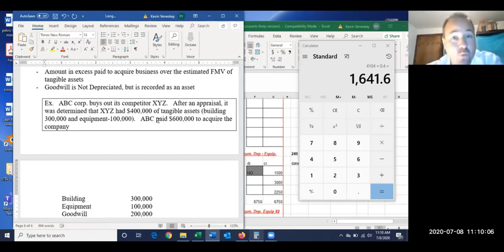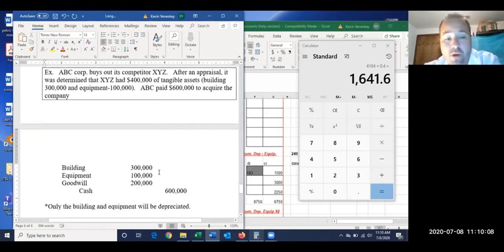All of those things are goodwill. So when we go and put in the dollar amounts, I put in the building for what it's valued at, the equipment, and then the rest is an asset called goodwill. Long-term asset, we don't depreciate it, but it goes on the books as an asset. It's kind of like land, we don't depreciate it.